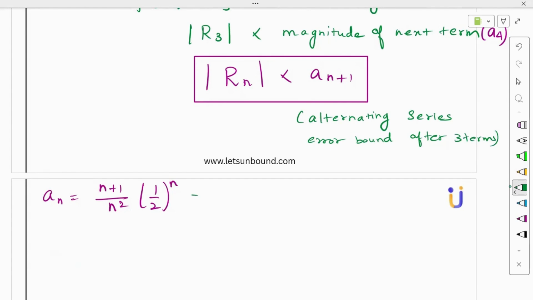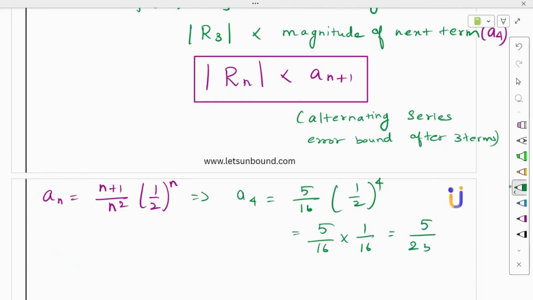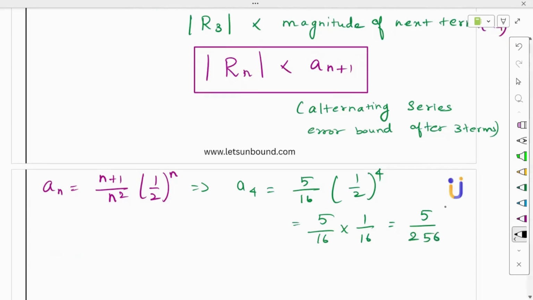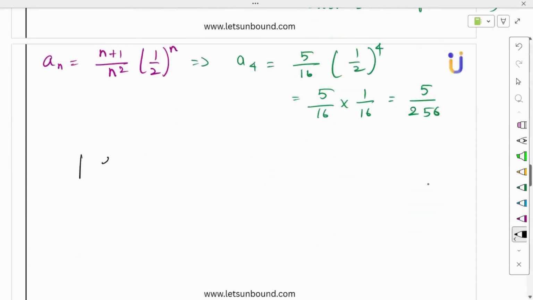So for A4, we just plug in 5 over 16, 1 by 2 whole power 4. And simplify this: 5 by 16 times 1 by 16, which is 5 over 256. Okay, so my modulus error bound, modulus of f of minus 3 minus s3, is less than A4.